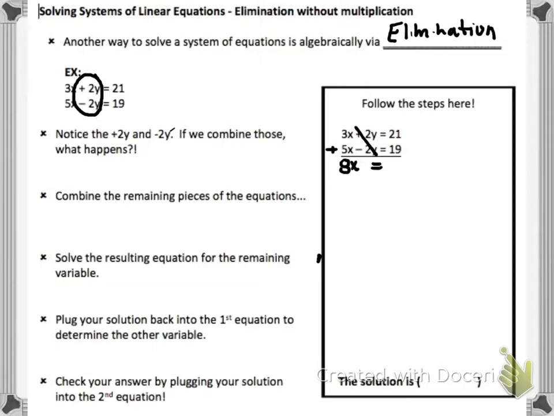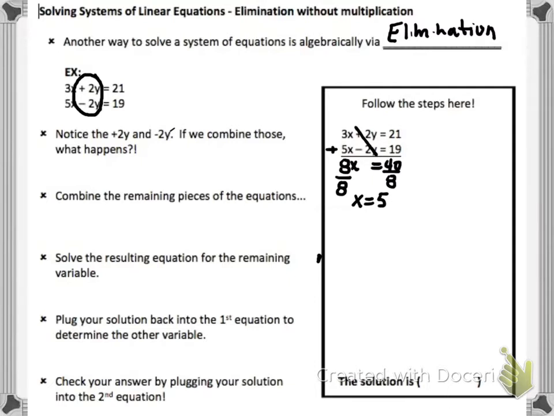Then 21 plus 19 is 40. My next step is to solve for the missing variable, so I divide both sides by 8, and I find that my x value, where these two equations are the same, is when x is 5.